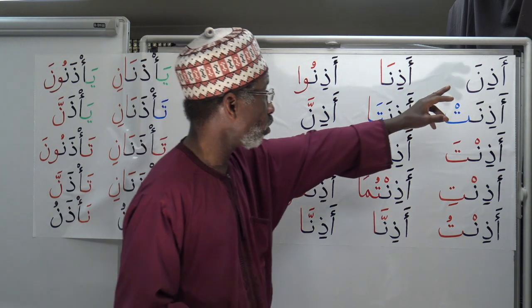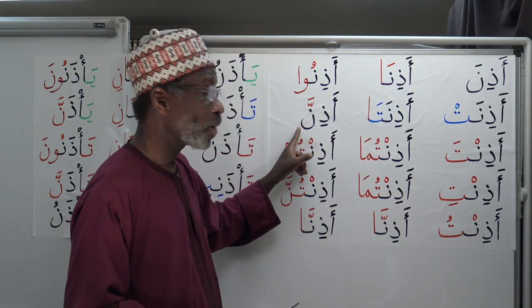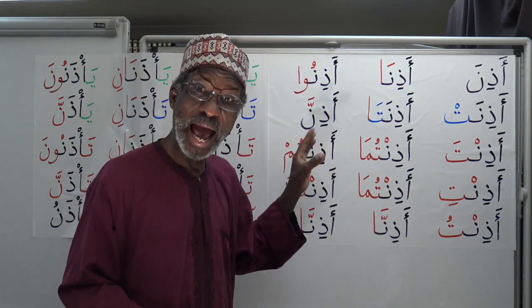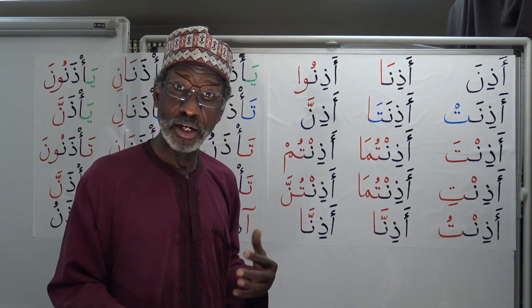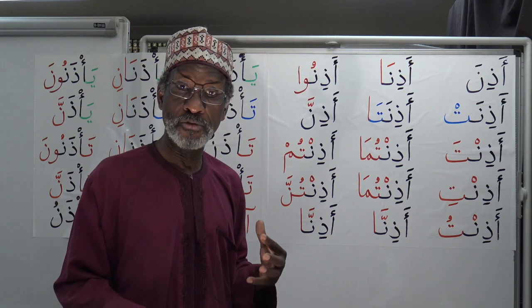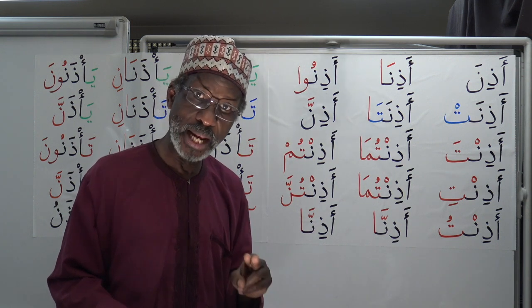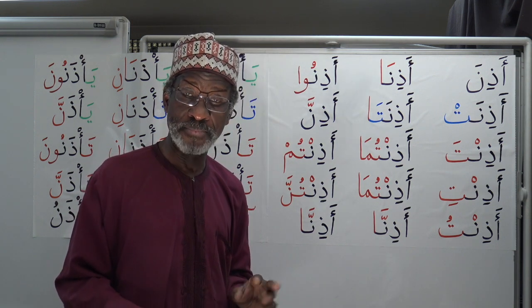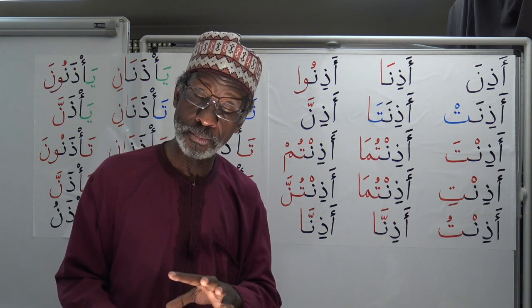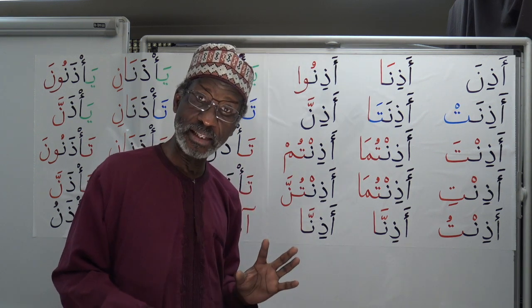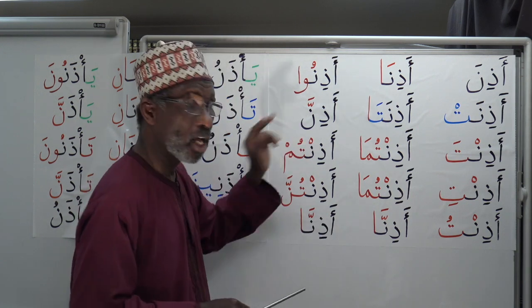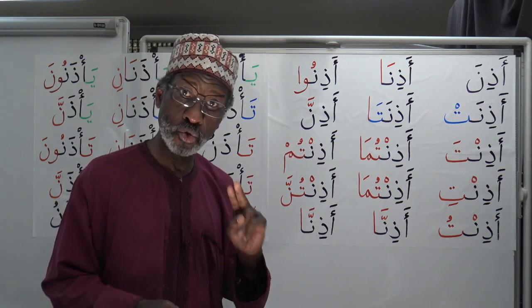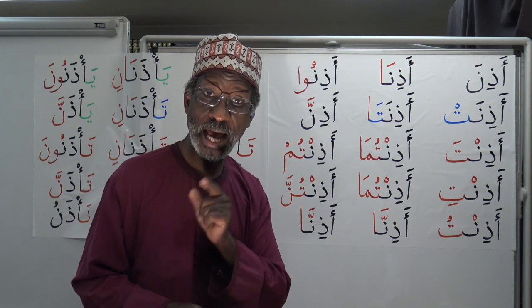We put the sukun on that nun, and because we're going to add na, which is the nun of the feminine plural, we now have 2 nuns, the first of which is carrying sukun, and the second one is fatha, so we have to combine them. Hence you have this shadda to represent that there are two nuns there, the first of which is actually sukun.